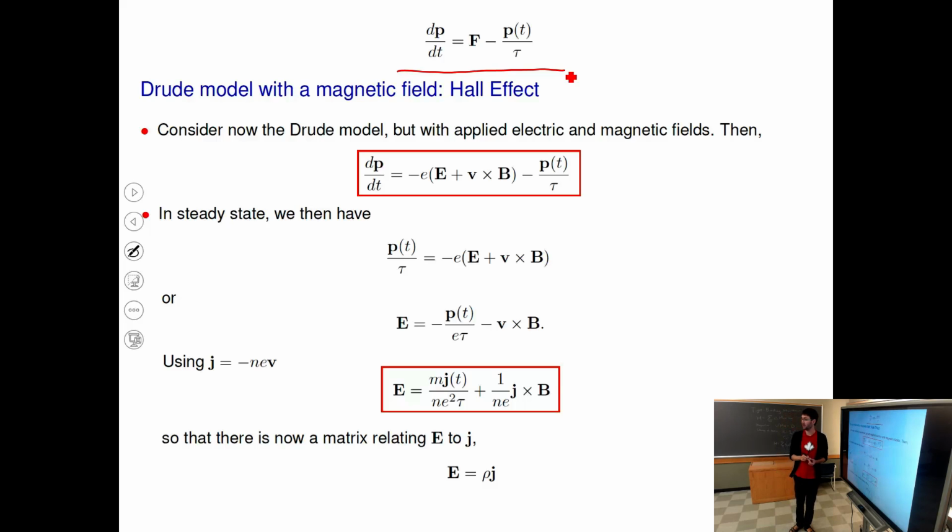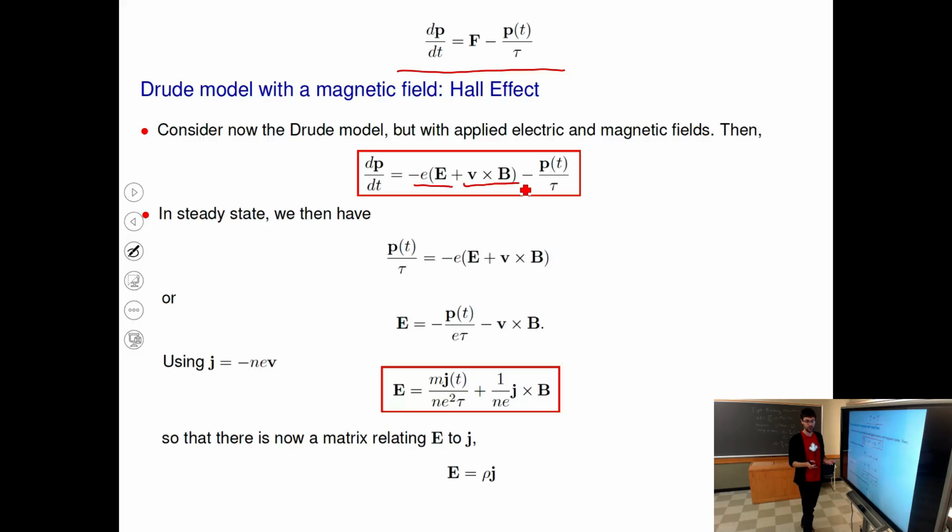But now instead of the force, we plug in the full electromagnetic force acting upon an electron, which has the electric term like before, and also a magnetic term. This v cross B product is the Lorentz force, which is perpendicular to the direction of travel for the electron.